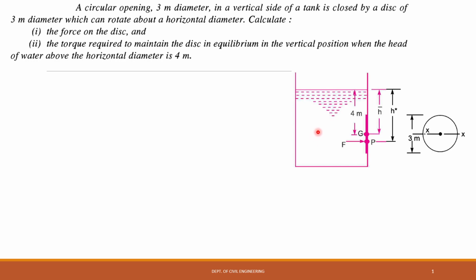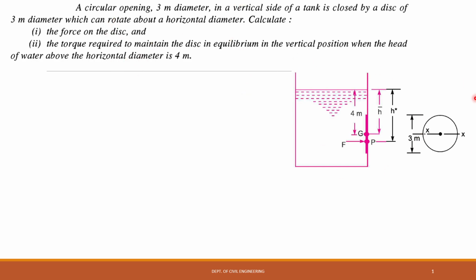So in order to keep the disc in equilibrium, we need to apply a clockwise moment in this direction. Then only the disc will be in equilibrium. So we have to find out what is the torque to be applied in the clockwise direction with reference to this figure to keep the disc in the vertical position. That is the question. We need to find out these two.